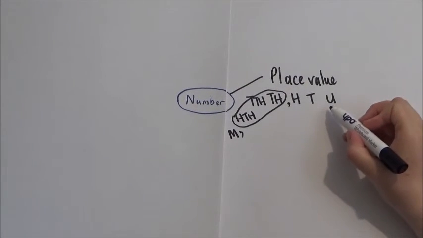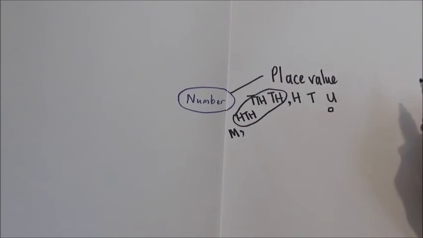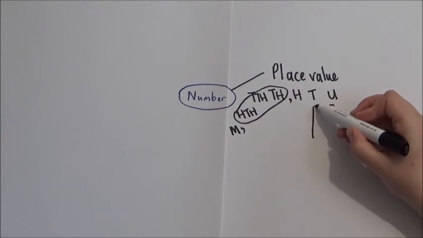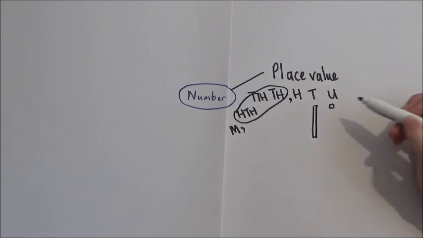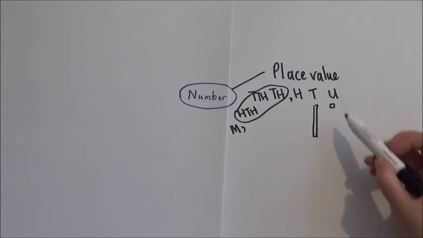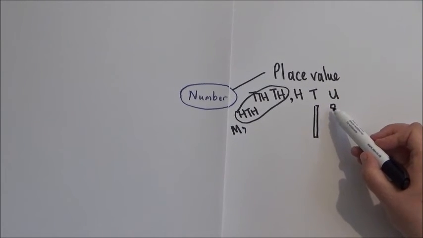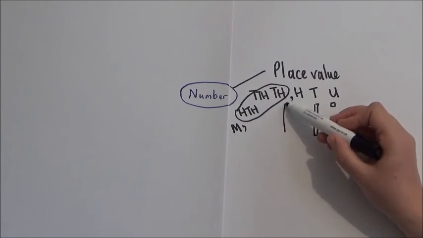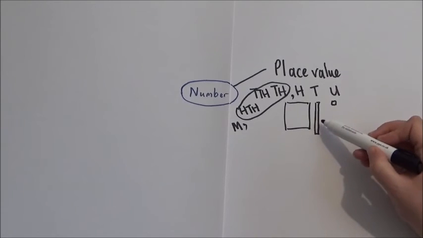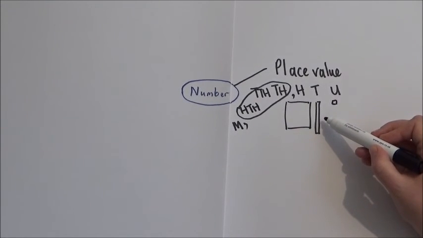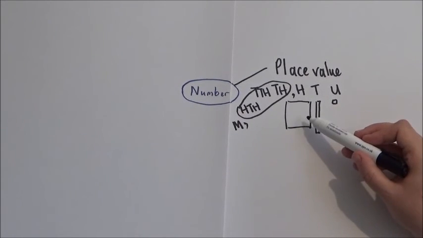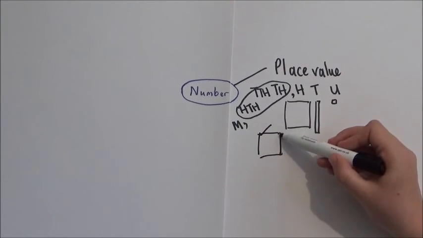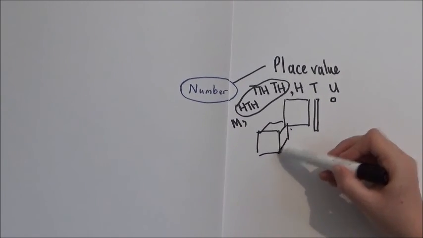We also have learnt that we can visually represent our place value by using 1 cube for our units, rods of 10 for our tens, that's 10 of these units stuck together to make a rod, a square for our hundreds because we stick 10 of these rods of 10 together to make 100, and then a cube for our thousands.